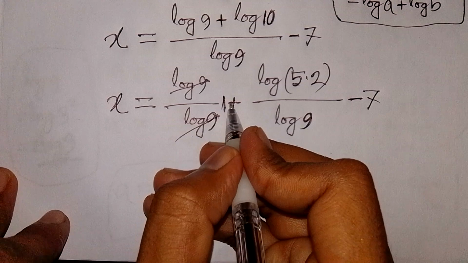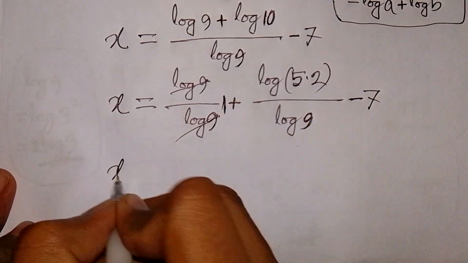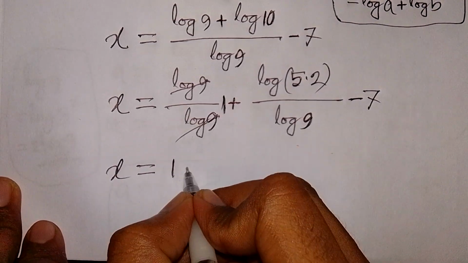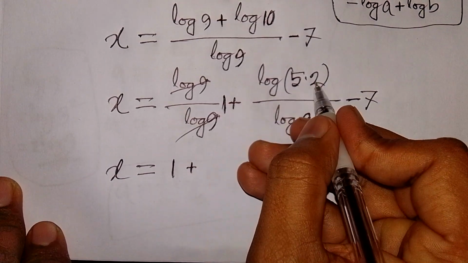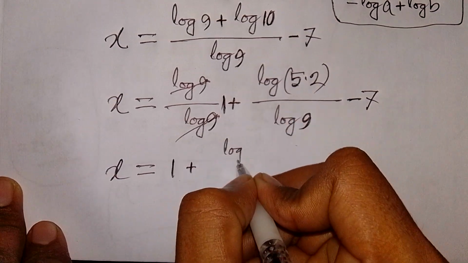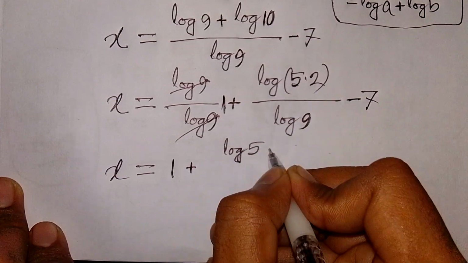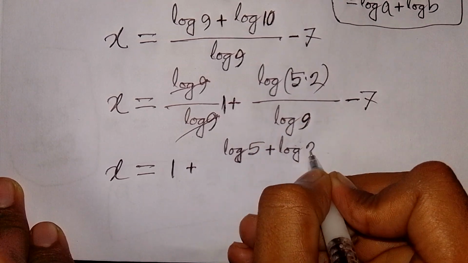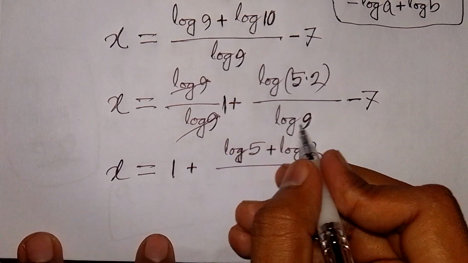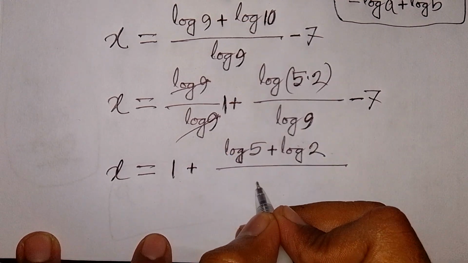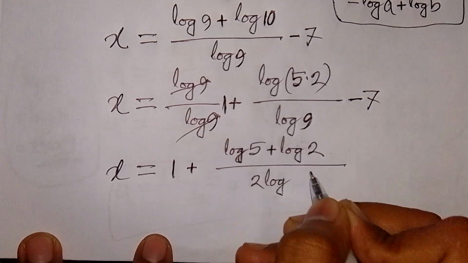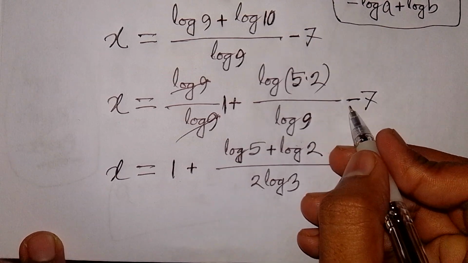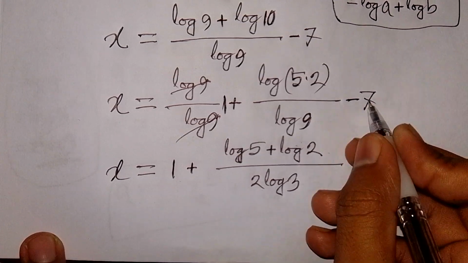Here 1. So x will be equal to 1 plus log of 5 times 2, which is the same as log 5 plus log 2 over log 9, which is the same as 2 log 3. Then here minus 7.